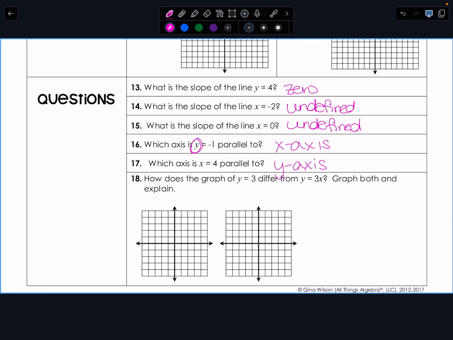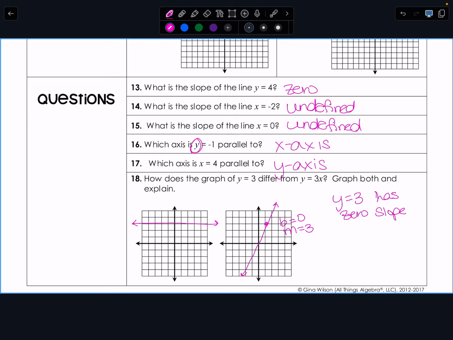How do these two graphs differ? So if I were to graph y equals 3, it's a straight line. If I were to graph y equals 3x, my b would be equal to 0 and my slope is equal to 3. So how do they differ? Y equals 3 has, yes, Mason, 0 slope?